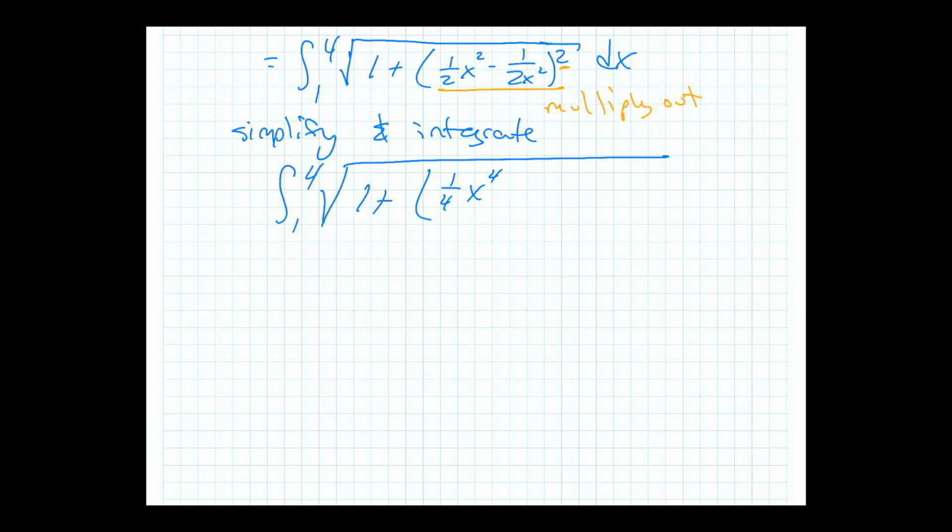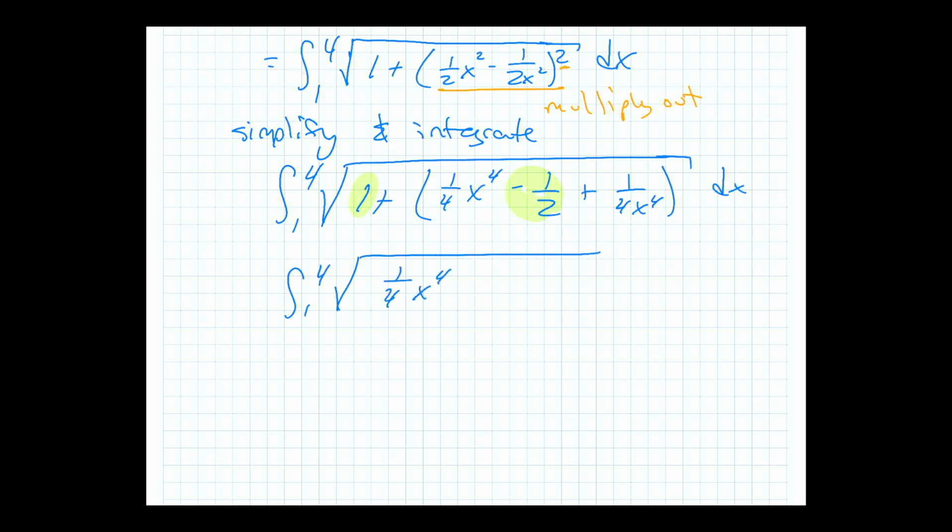So you're going to end up with negative 1/4 and then negative 1/4. So it's going to be negative 1/2 for the middle term. And then when you multiply this by itself, you're going to end up with plus 1 over 4x to the 4th dx. Okay, so you multiply that out, you get this. Now at this point, you want to combine this 1 and this negative 1/2. It's going to turn into a positive 1/2. Right, minus 1/2 plus 1.